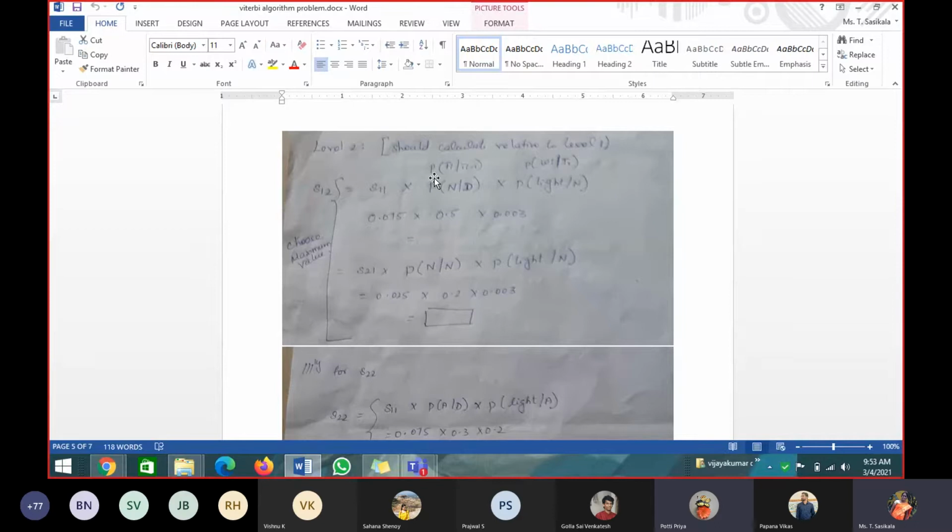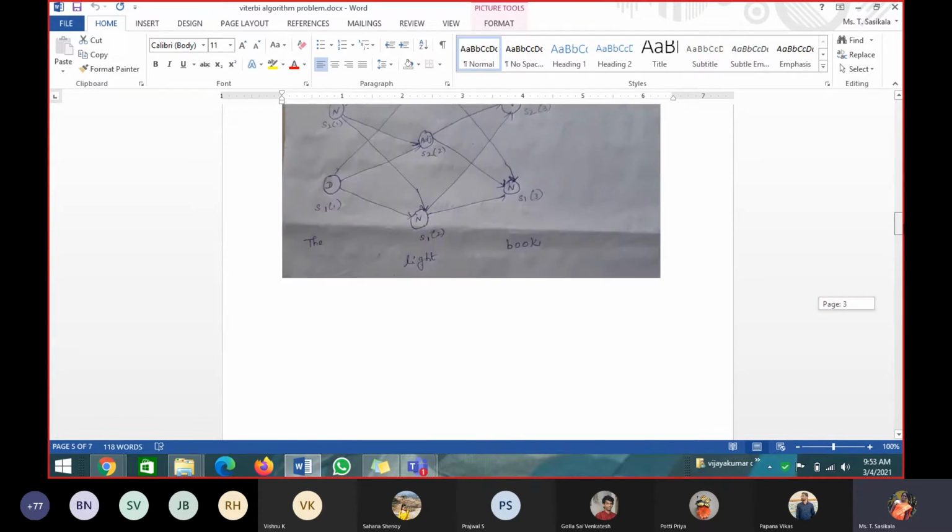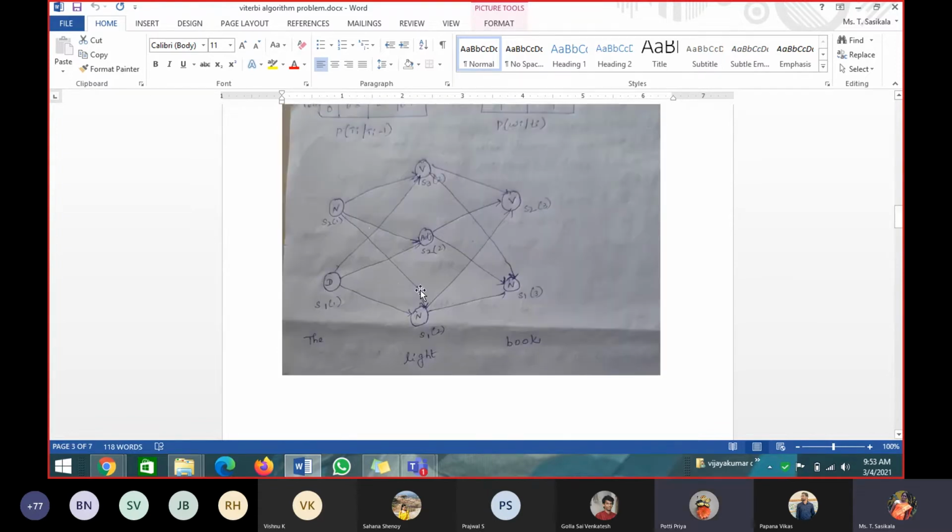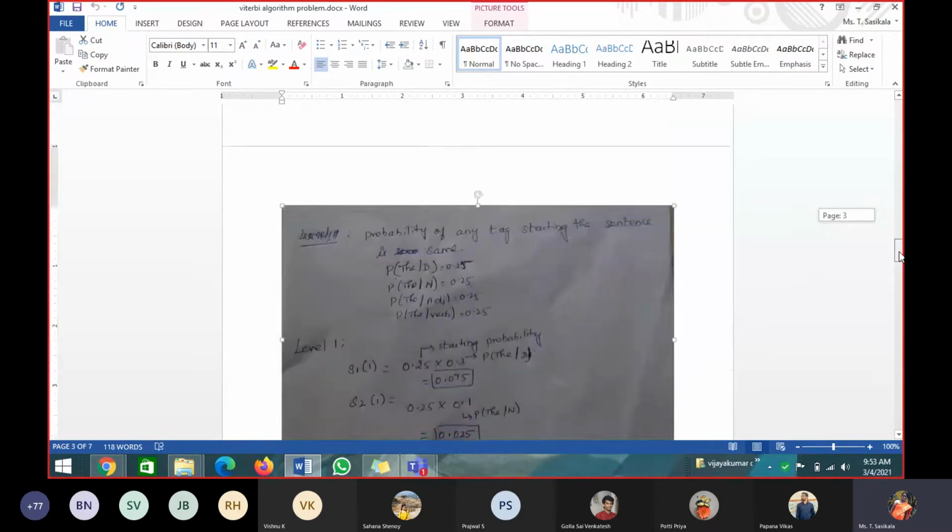What is the second combination? The as a... next one. What is the second combination for S12? See, you take S12 in the diagram. For S12, what are the two inputs I am getting? One from S11 and other from S21. Can you expand S21?